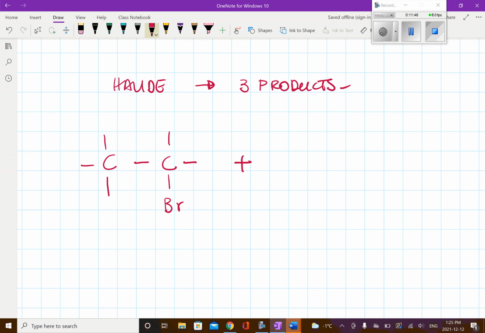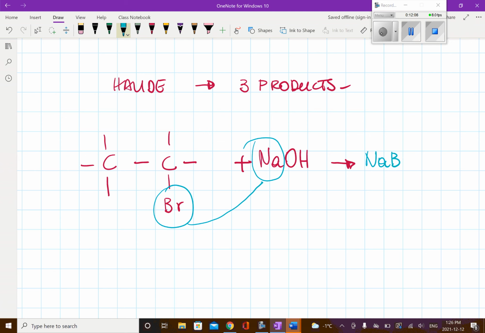Then it is reacting with a strong base, always a strong base, NaOH. See what is happening now. The Na and the Br are hooked together and form sodium bromide, NaBr, which is a salt.